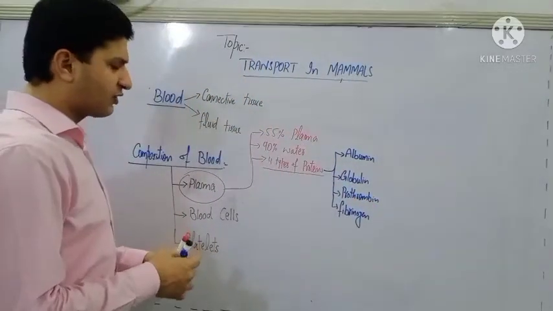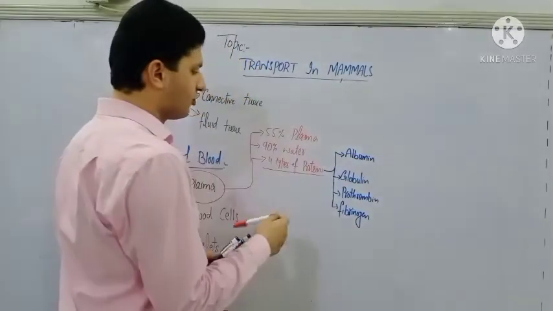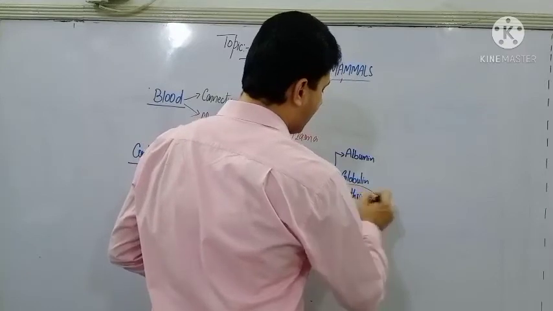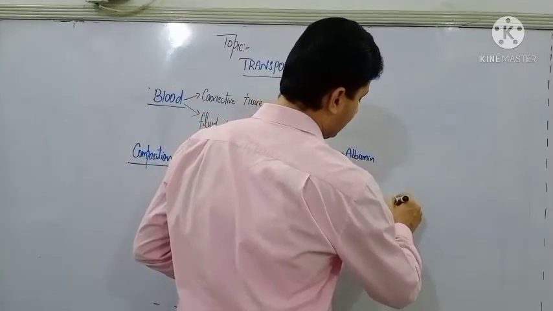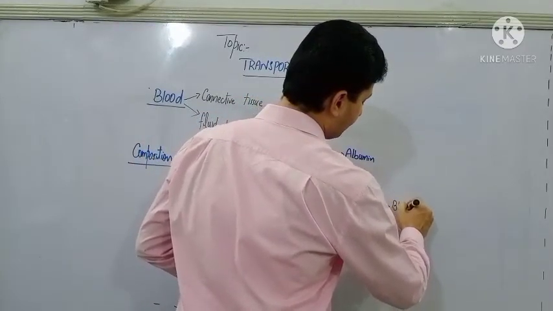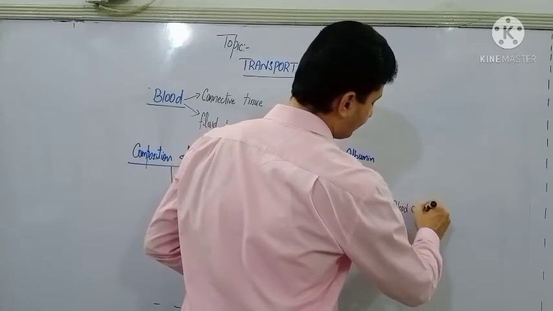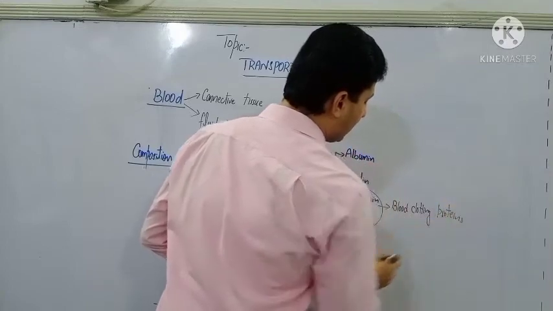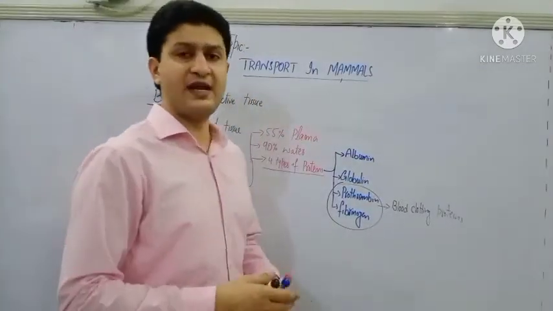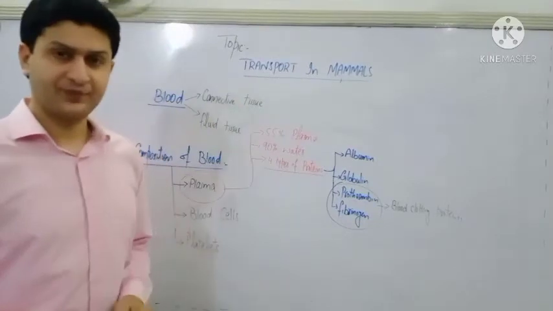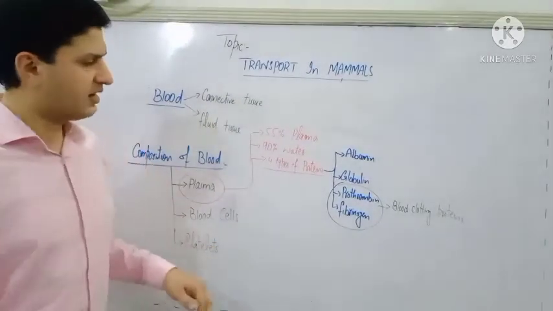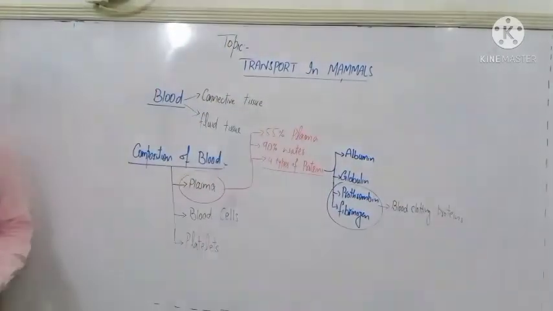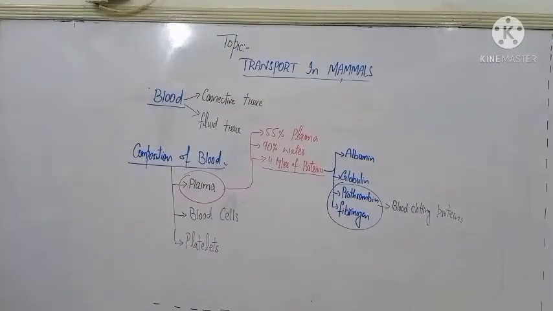There are many other types of proteins as well, but these 4 play the major role, as prothrombin and fibrinogen are the blood clotting proteins. These proteins help in blood clotting whenever we have an injury or cut on the skin or even internal parts.